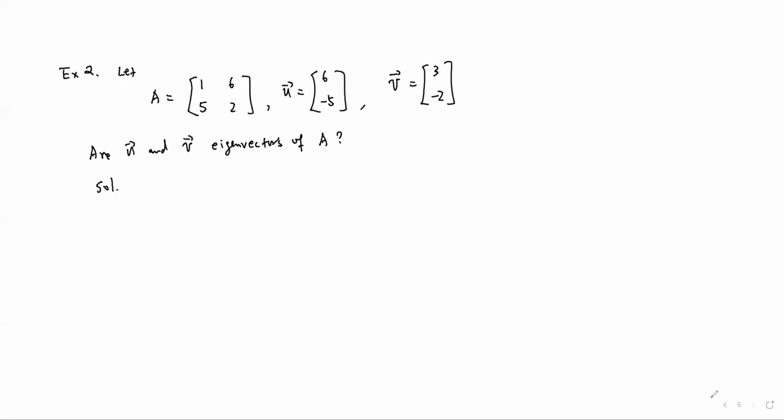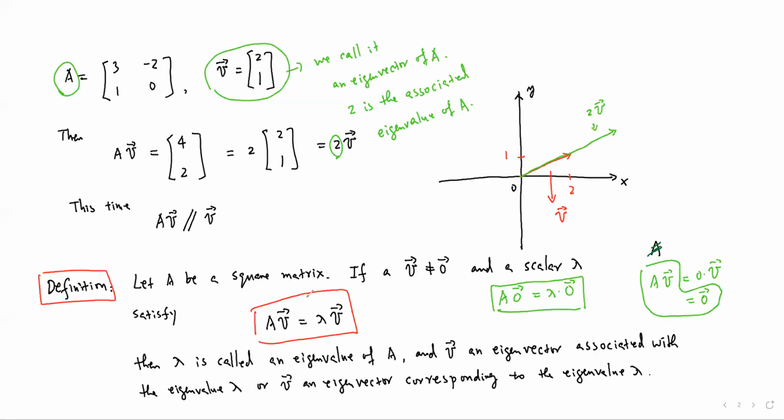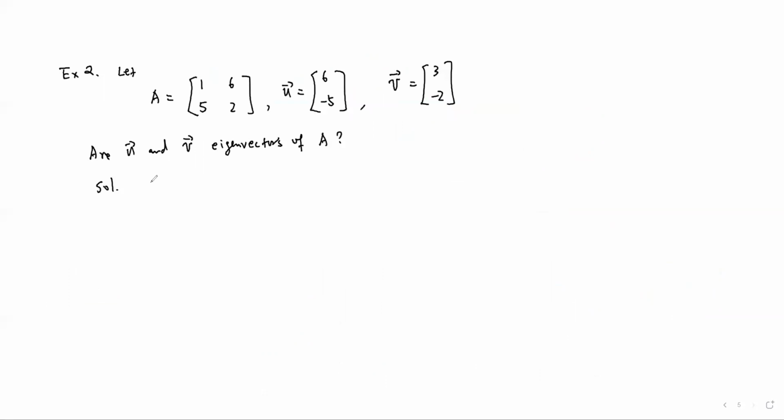Go back to the definition. The definition says that when and only when this equation is true, then the vector is an eigenvector. Now let me compute A times U. A is 1, 6, 5, 2 and U is 6, negative 5. A 2 by 2 matrix times a 2 by 1 matrix.